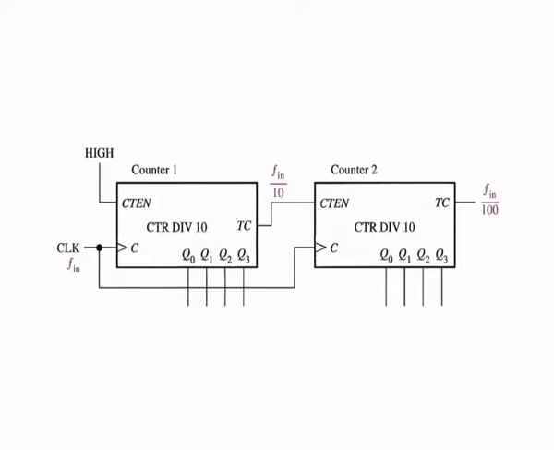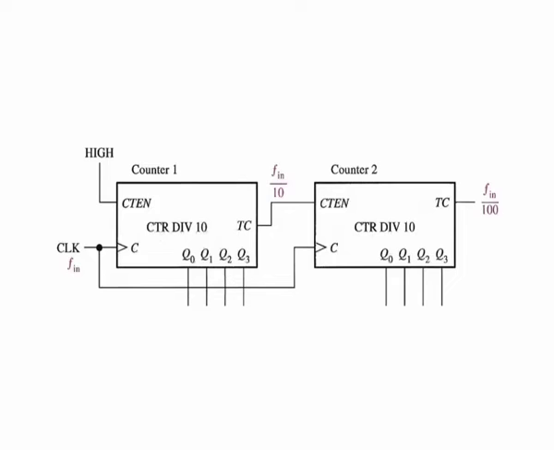The high now enables counter 2, so that when the first clock pulse after counter 1 reaches its terminal count, counter 2 goes from its initial state to its second state.